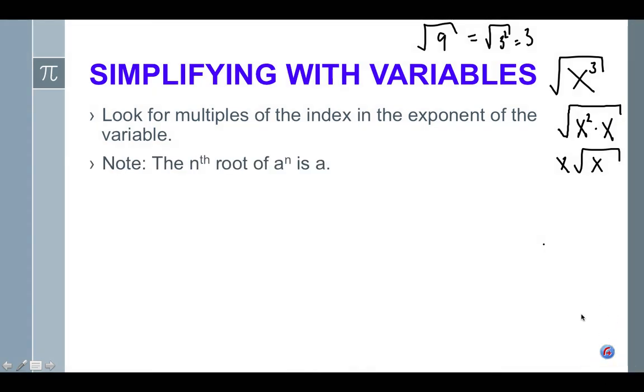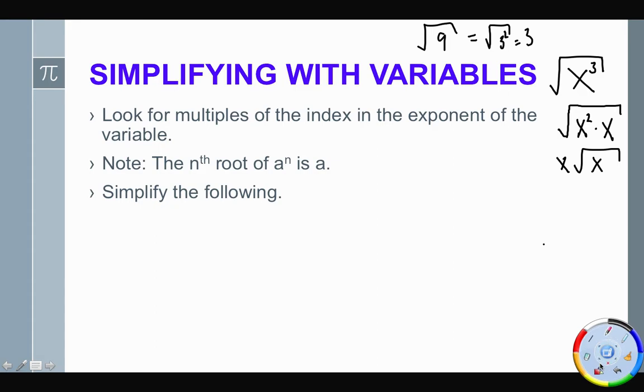So let's take a look at a few more challenging examples. We're going to look at a few good examples. The first being, let's look at the square root of 36 x to the fourth times y cubed.